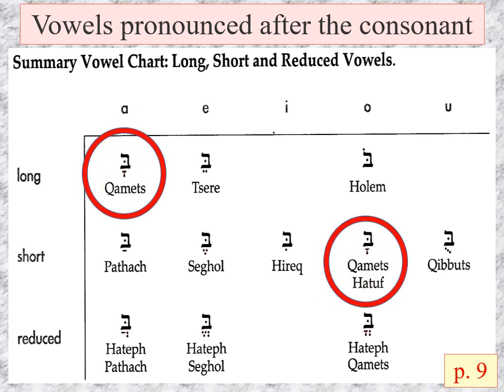Please notice that in terms of the shape of the qamets, long A class, and the qamets hatuf, the short O class, similar shape, but there are several clues and some Masoretic helps so that we can distinguish between the two vowels, between the long A class qamets and the short O class qamets hatuf.